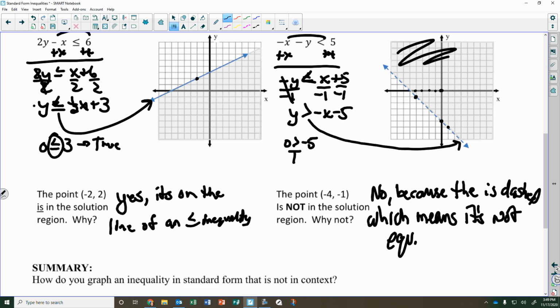So anything on that line would not be a point. So let's say if we tested and the point was over here, yes, that would be a solution. But since that point is on the line, it is not.